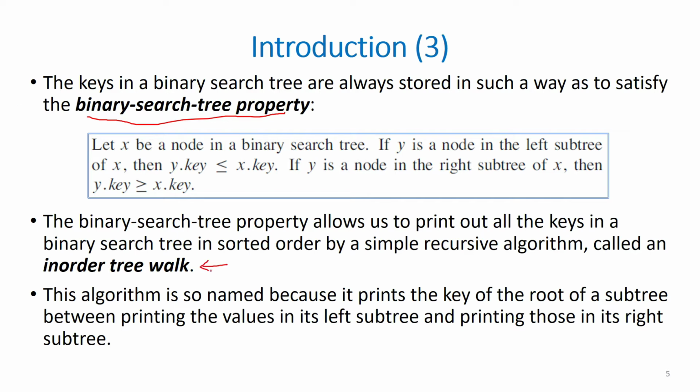The algorithm that does this is the in-order tree walk procedure, which takes the root of the BST as its input. The algorithm basically starts with the root, prints its left child, then the root, and then the right child in a recursive manner. Let's take a look at the pseudocode of this algorithm.